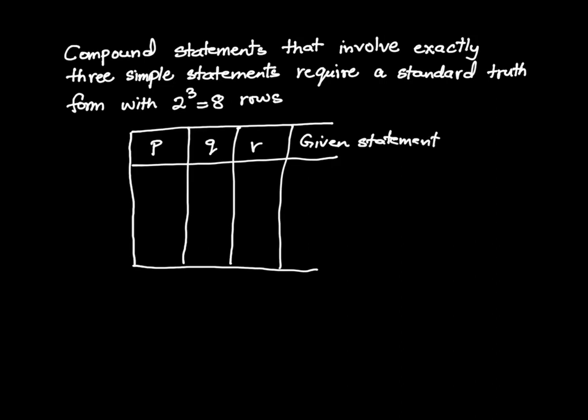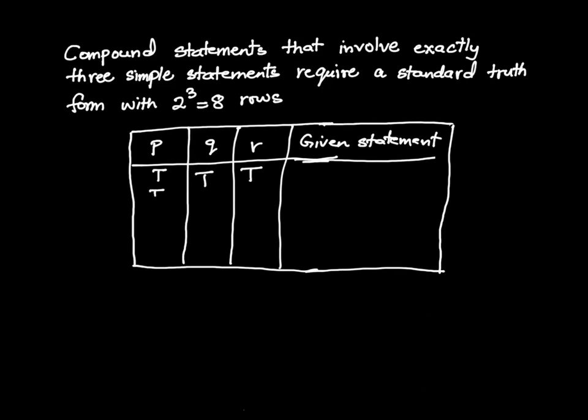So we have to do different combinations of the true and false, and we can get the number of rows, which is 8. So true, true, false, or true, true, true.